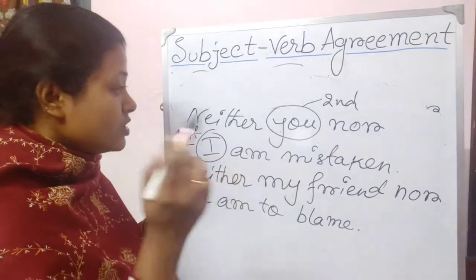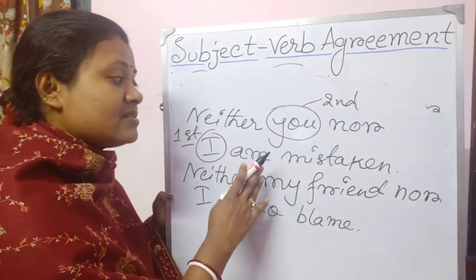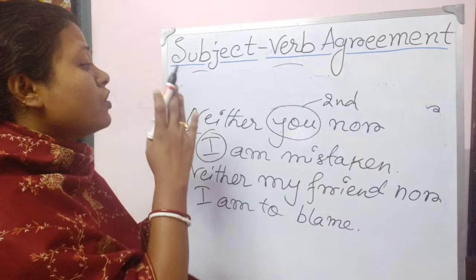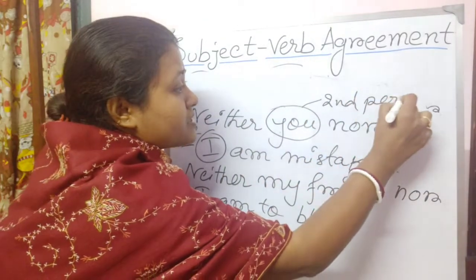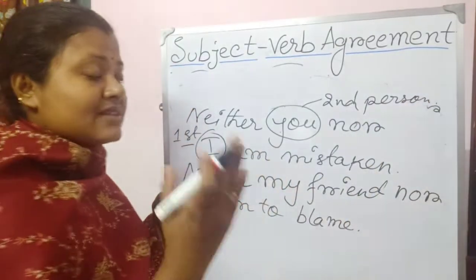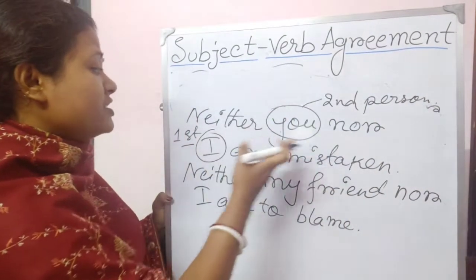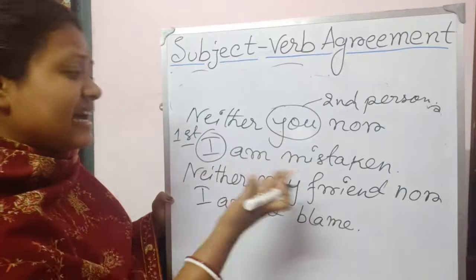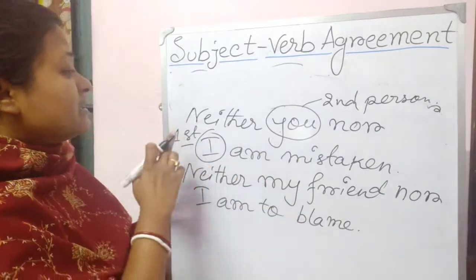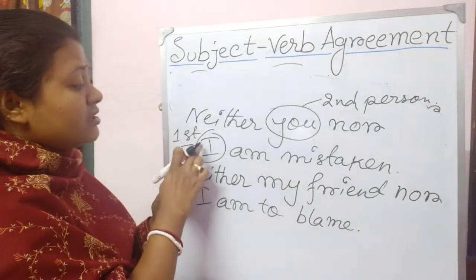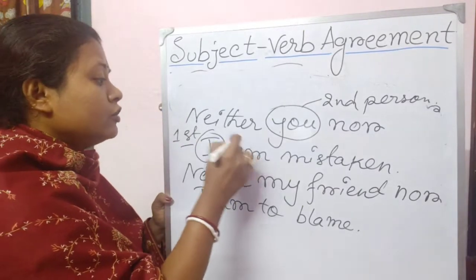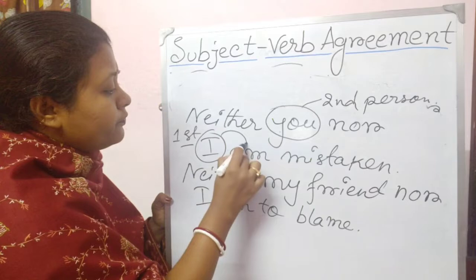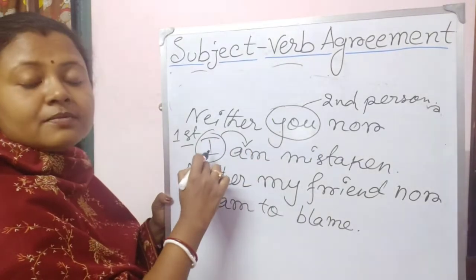Whenever this type of sentence is in front of you, where two different persons are the subjects joined by either or neither nor, the verb will follow the second subject.